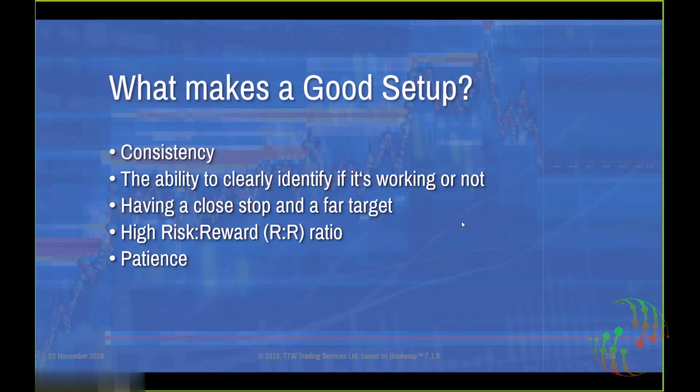I think consistency is a good point to start with. When you are consistent and you say, okay, I'm trading only sweeps, for example, then you are doing this all the time. And you know now what sweeps are, how they behave. You know when to trade them, and you see also what is happening then.